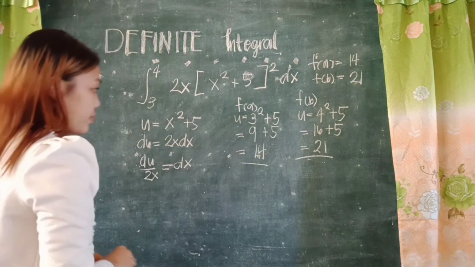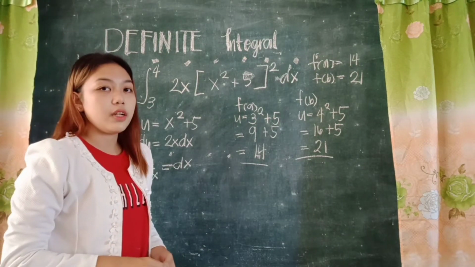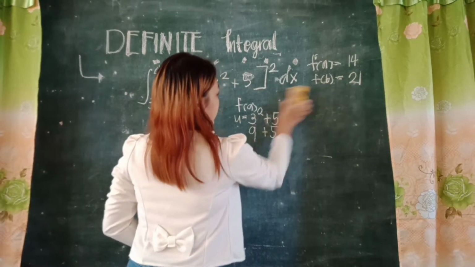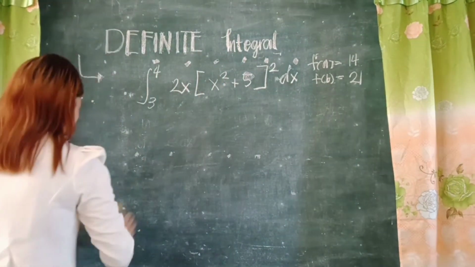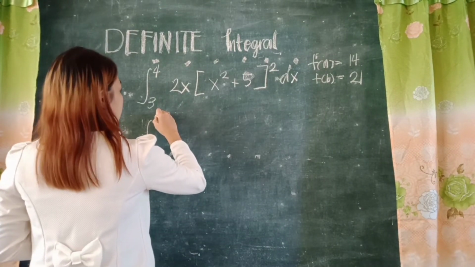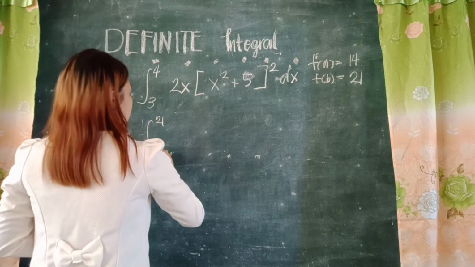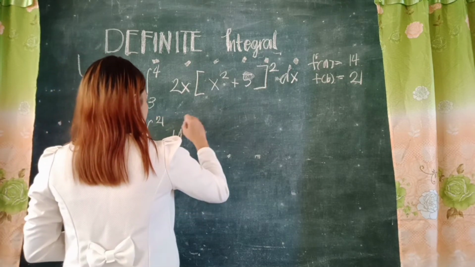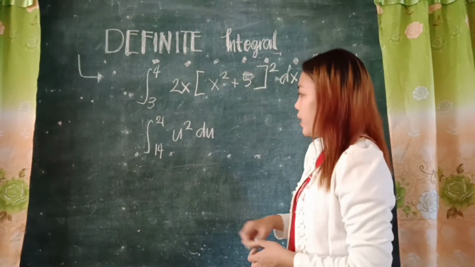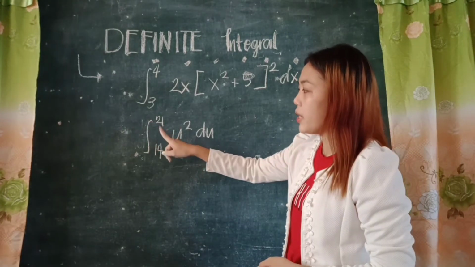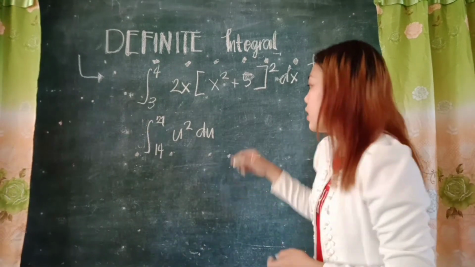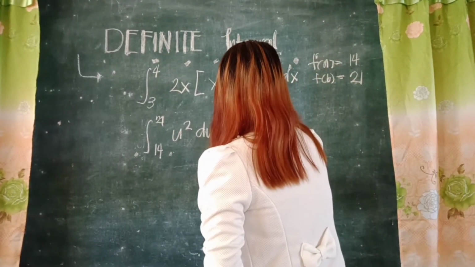So now, let us proceed to our evaluation. For our evaluation, we will use the power rule, which is the integral of u squared du, with the upper limit 21 and the lower limit 14, equal to u cubed over 3.